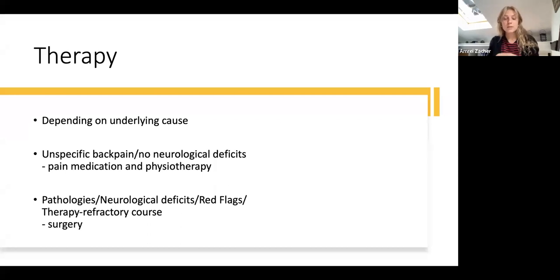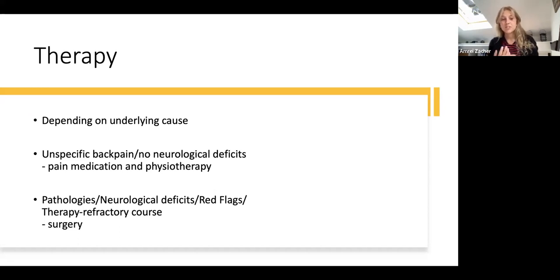However, if you have only unspecific back pain and your patient does not have any neurological deficits, you would basically go with pain medication and physiotherapy. For example, if you see that they have a disc protrusion and they have pain, but they don't have radiculopathy and they don't have myelopathy, you would still leave them with pain medication and physiotherapy.